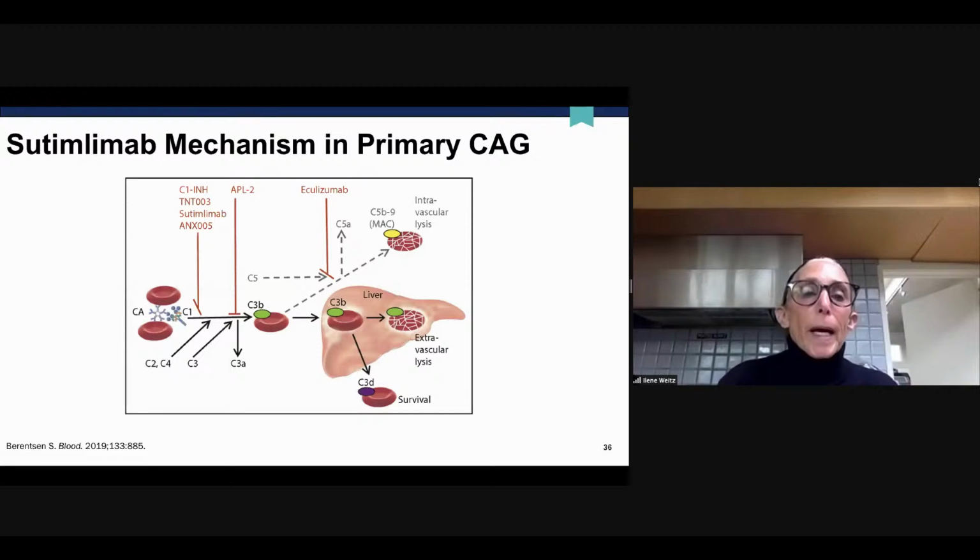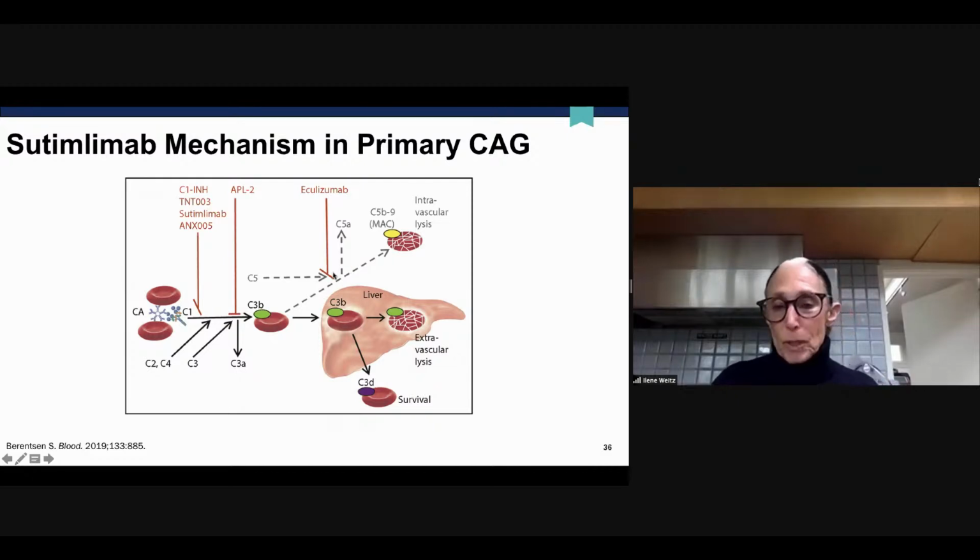So sutimlimab has morphed from TNT-003 and is a monoclonal antibody to C1s. There are a variety of places that you could inhibit the complement system in cold agglutinin disease. As I mentioned, eculizumab's been used to block terminal complement.